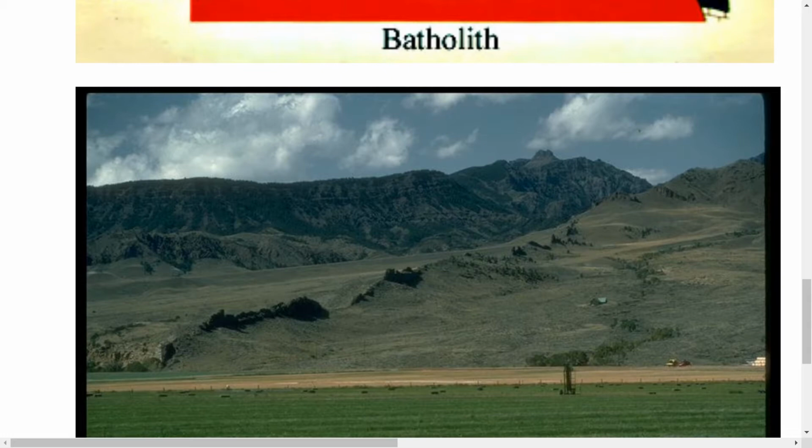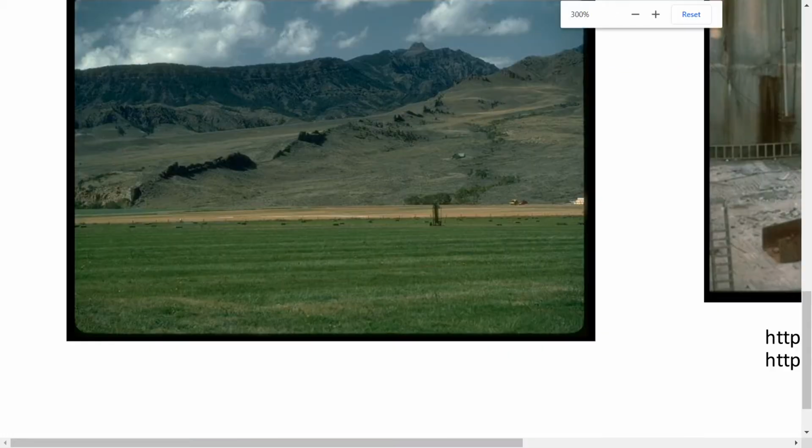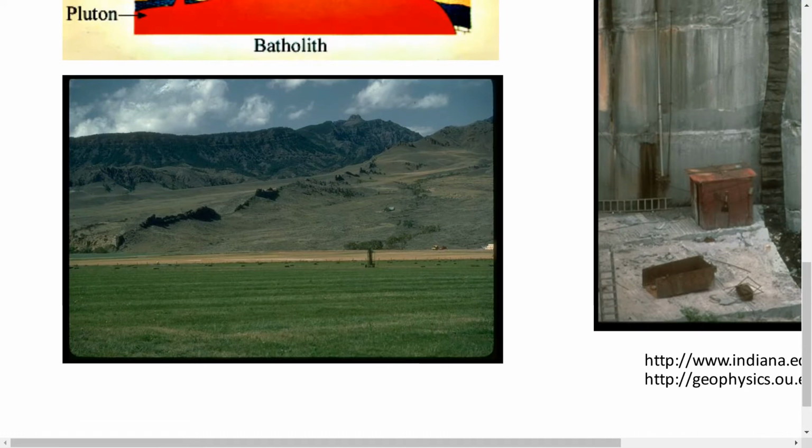This is in New Mexico. If you ever travel to New Mexico, this is called, what was the name of this? Shiprock. Shiprock in New Mexico.